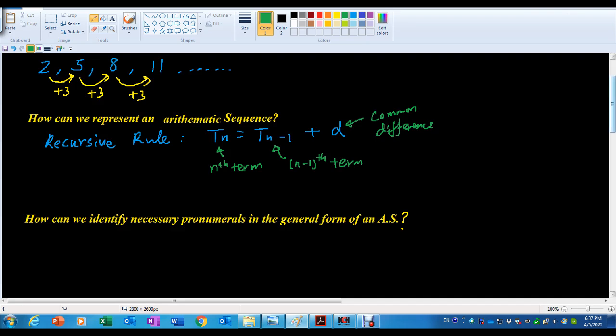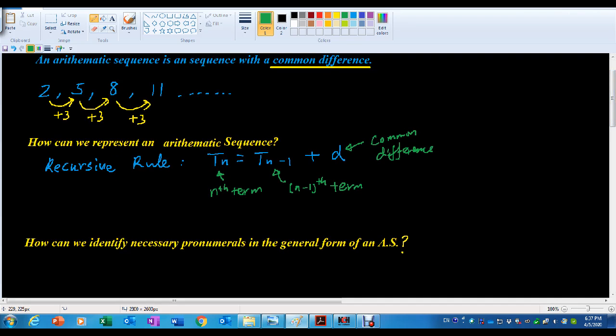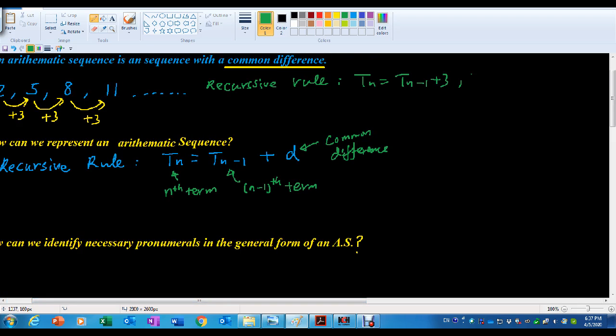For example, looking back at the previous example, if you want a recursive rule for the above one, the recursive rule will be Tn equals Tn minus 1 plus 3, with T1 equals 2.